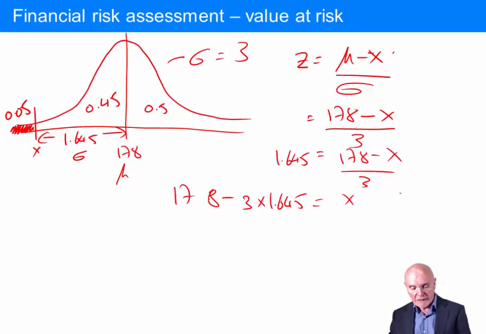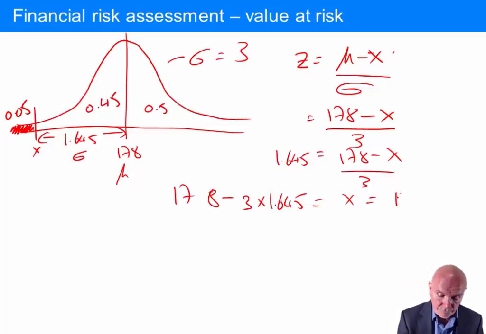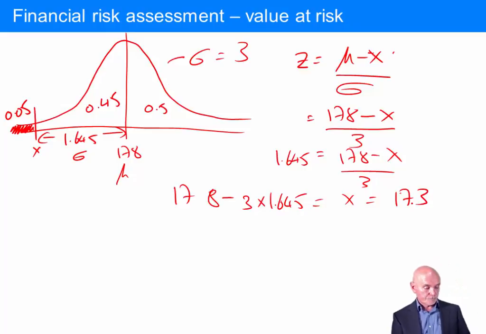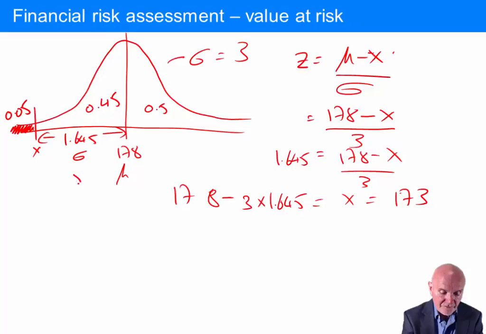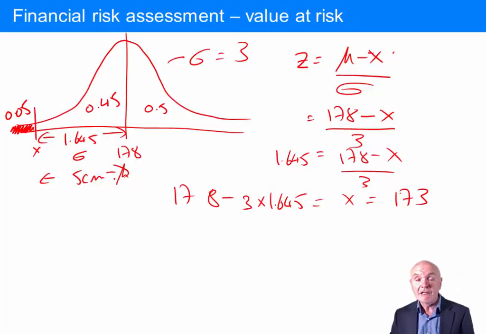So we have 178 minus 3 times 1.645, it's 173. So really, by the time you go down in here 5 centimeters, only 5% of the population is going to be less tall than 173 centimeters.